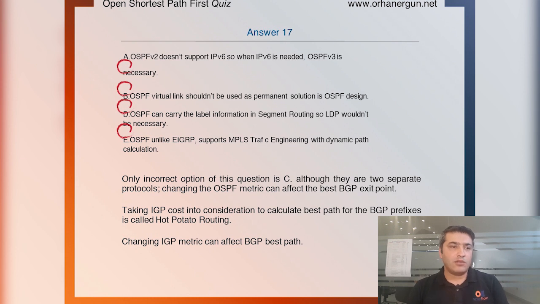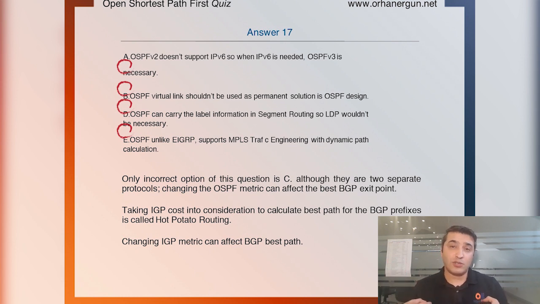Option C: OSPF and BGP are two separate protocols, so when OSPF cost changes, it doesn't affect BGP path selection. No, it can. We will see BGP in great detail, but in the BGP best path selection process, if we are talking about IBGP, OSPF cost can affect everything. Why?